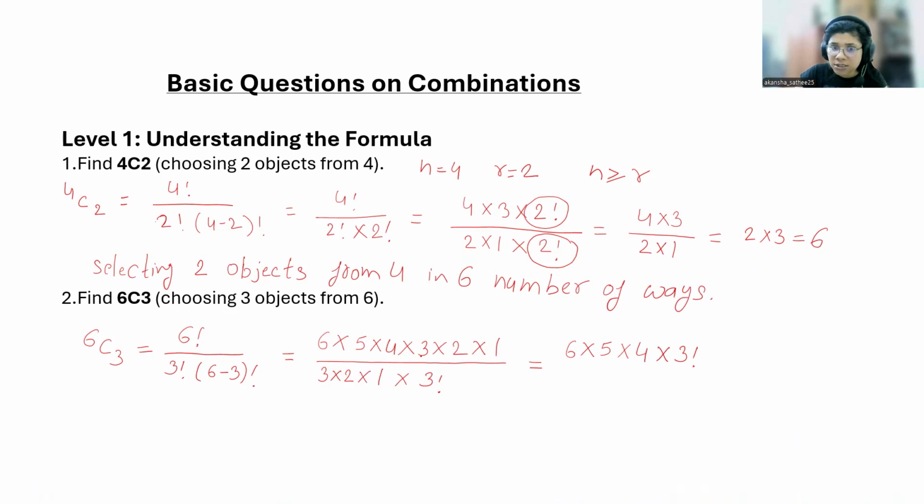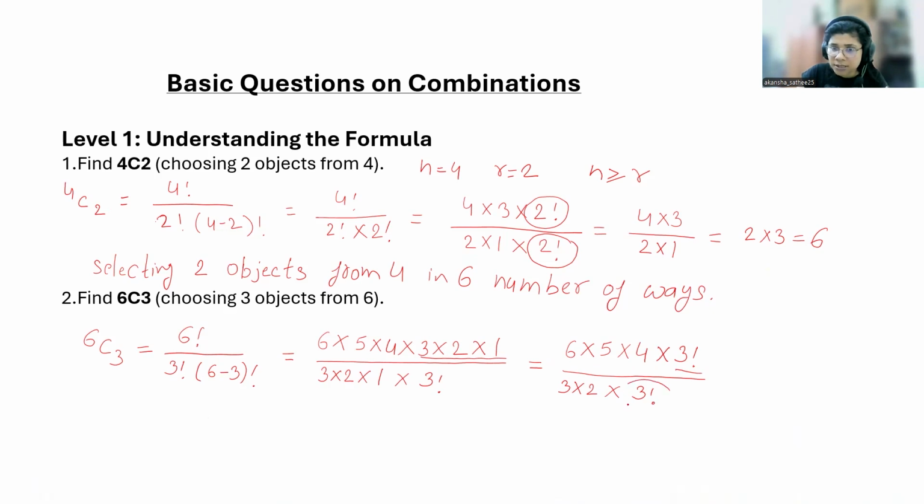Because factorial 3 is nothing but 3 into 2 into 1, right? That I am writing as factorial 3. Now, this thing is divided by 3 into 2 into 1, which is the same, into factorial 3.